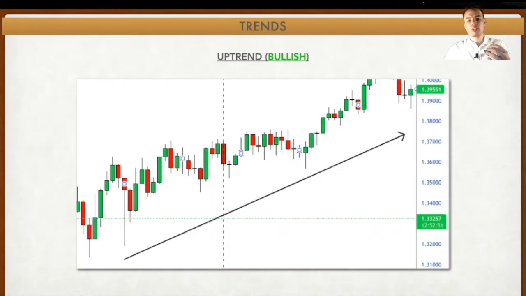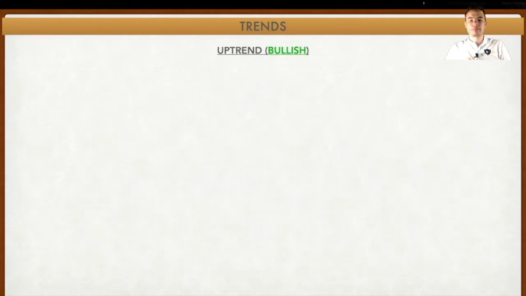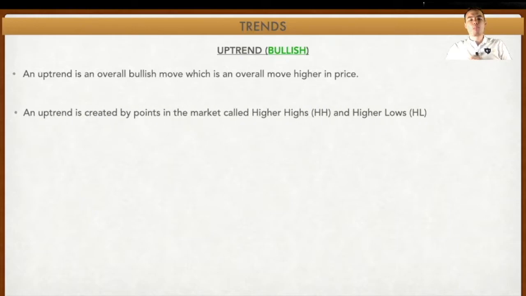The first one is an uptrend. It means a bullish move, meaning overall price is increasing. An uptrend is created by points in the market known as higher highs and higher lows, or HH for short for higher high, and HL for higher low.